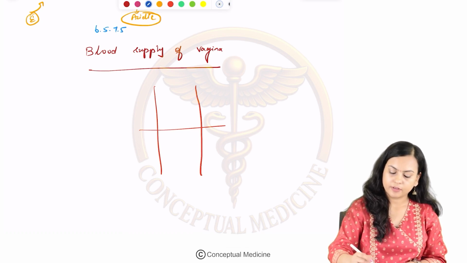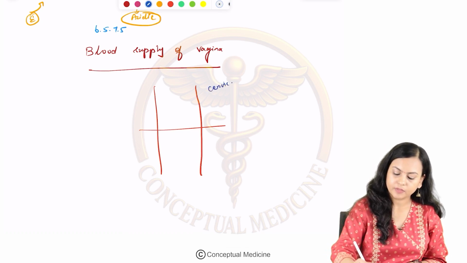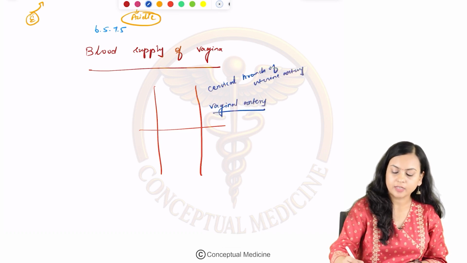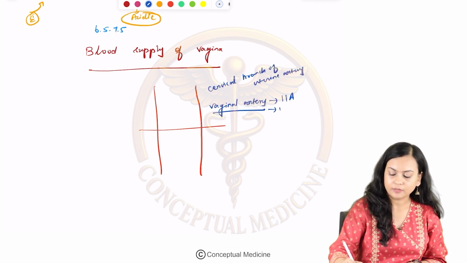The upper half receives blood supply from the cervical branch of the uterine artery as well as from the vaginal artery. Now the vaginal artery may come as a direct branch of the internal iliac artery, or it may arise from the inferior vesical artery also.